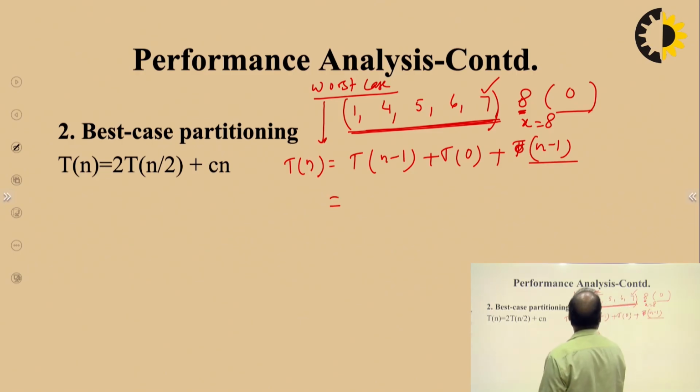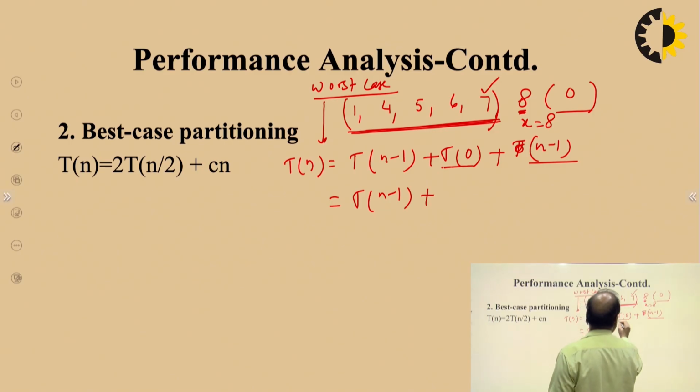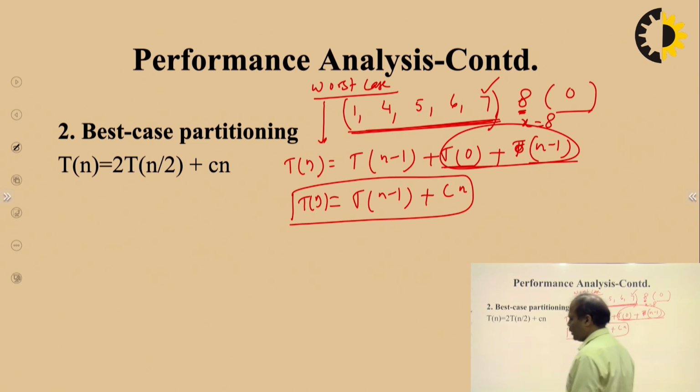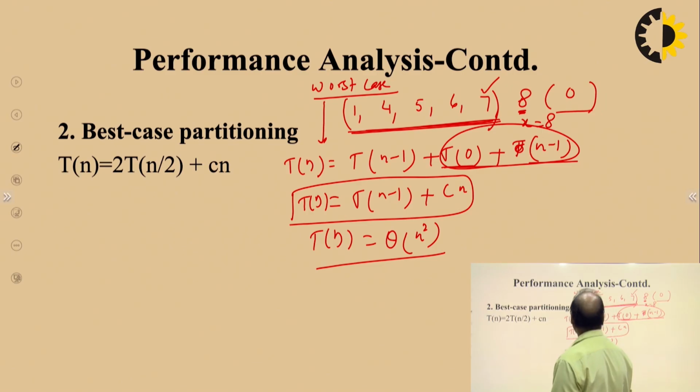If you start simplifying, T(n-1) plus this term can be taken as cn, a constant, and T(n) is going to be this. If we apply recursion tree method, you will see that T(n) is going to be theta(n squared). So with worst case partitioning, quicksort is not a better approach, right?